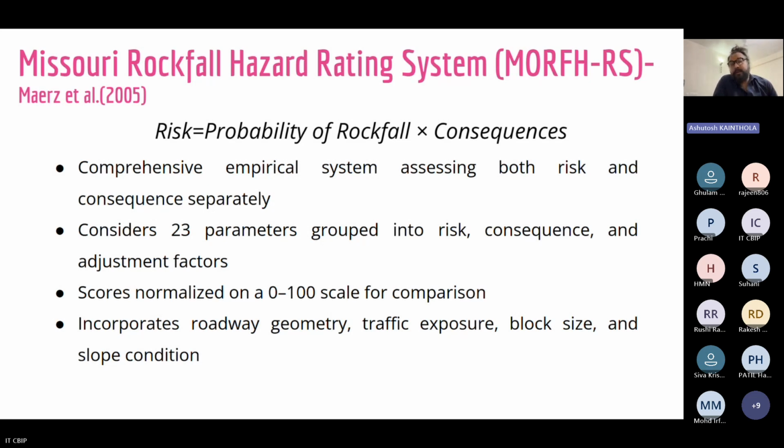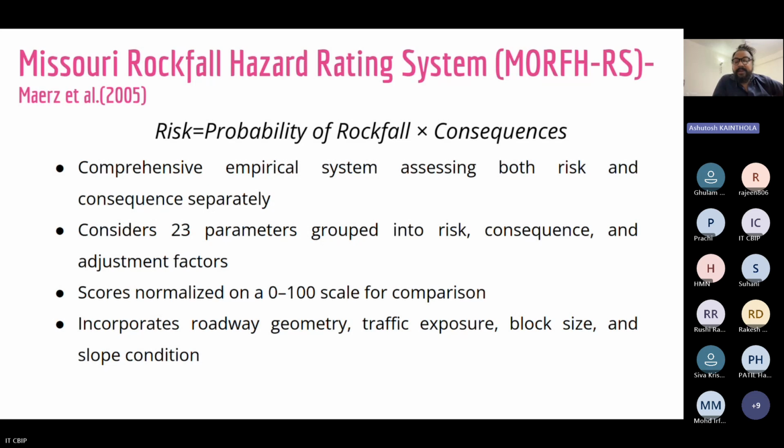So again, if you think about it, the risk is combining the geology, the geotechnology, and how people live. When you combine these three aspects, you can come up with risk.